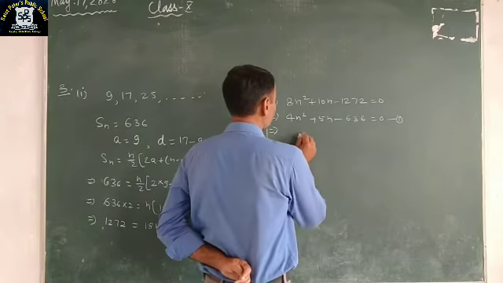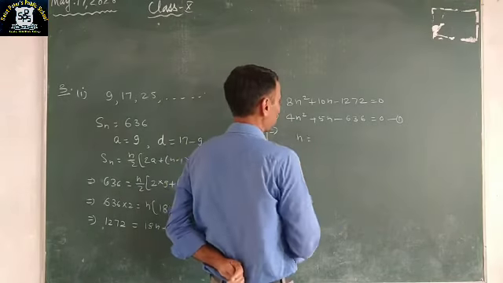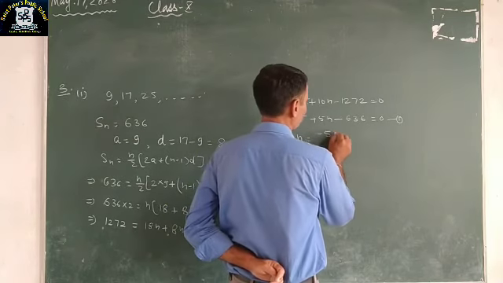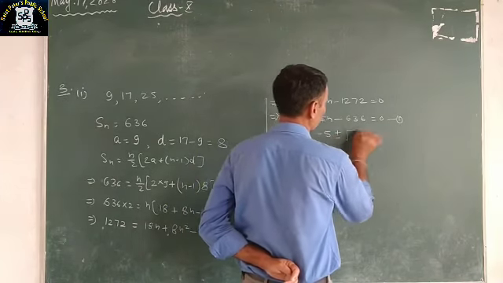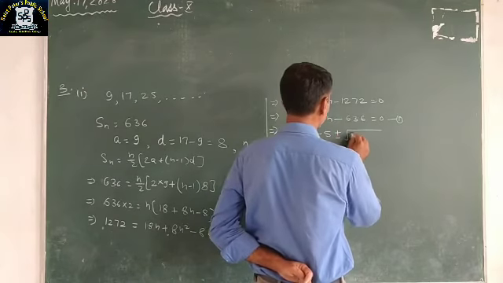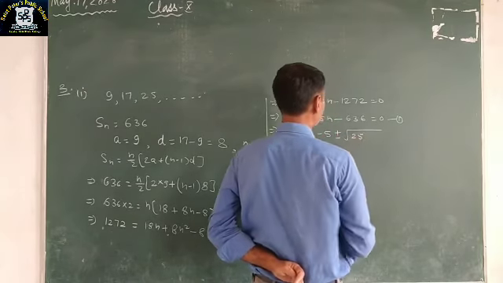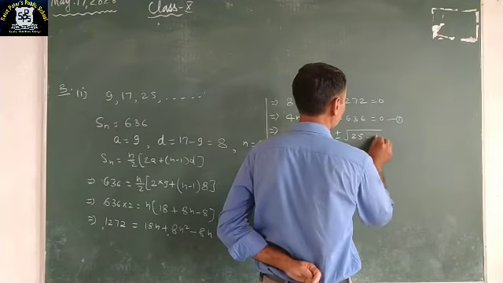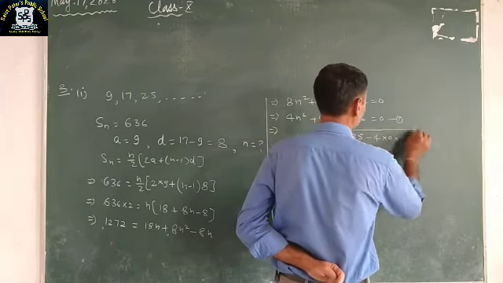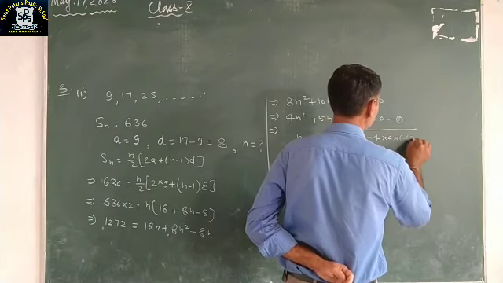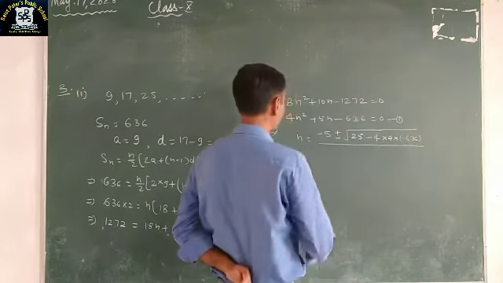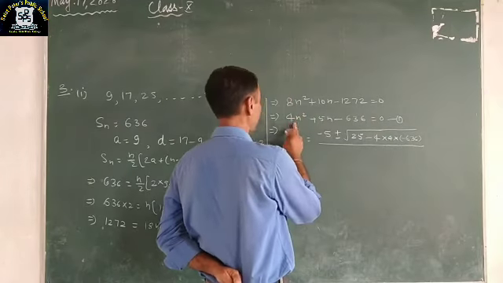So the value of n will be equal to minus 5 plus minus square root of b square minus 4ac, divided by twice of a. The value of b is 5 and the square of 5 is 25, minus 4 into a, the value of a is 4, into c, that's minus 636, divided by 2 into 4, since a is the coefficient of n square.